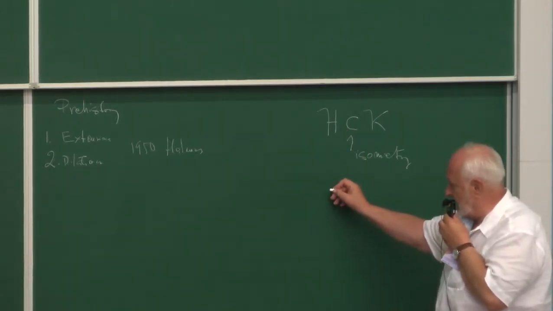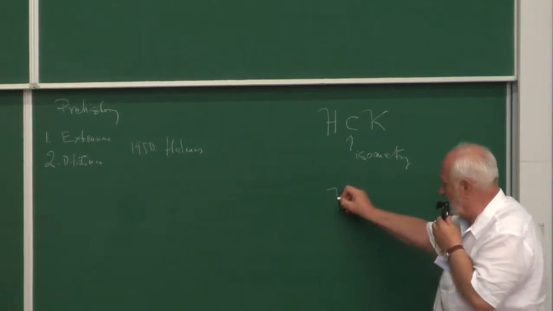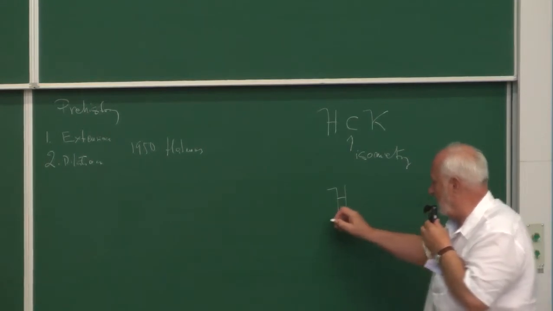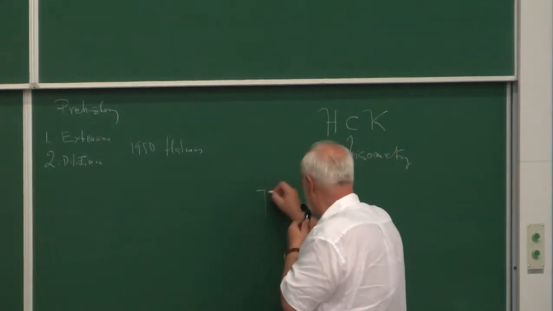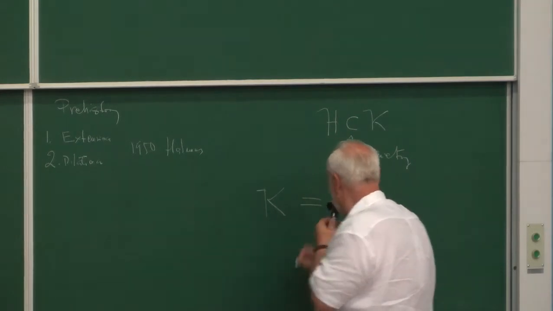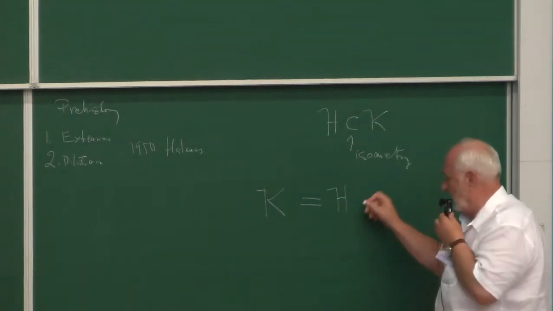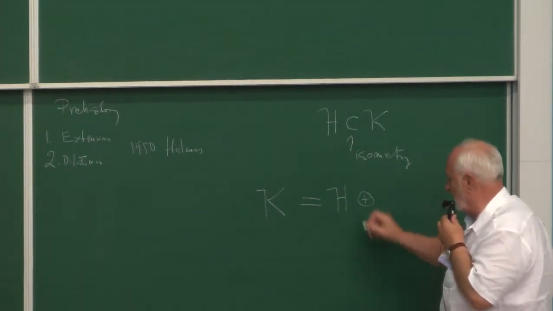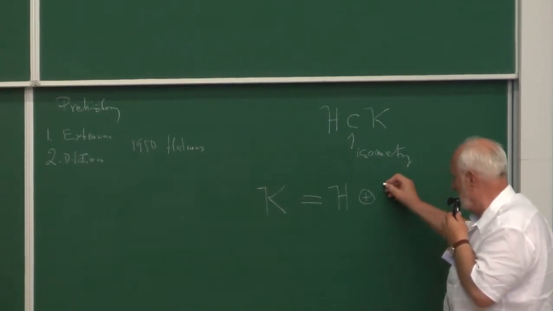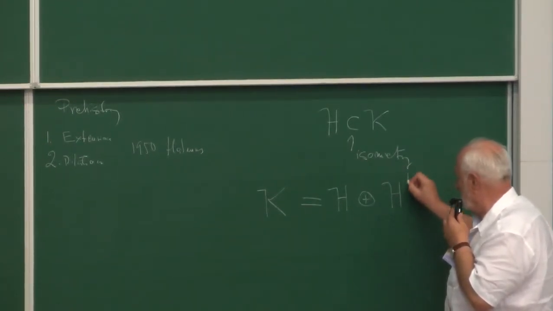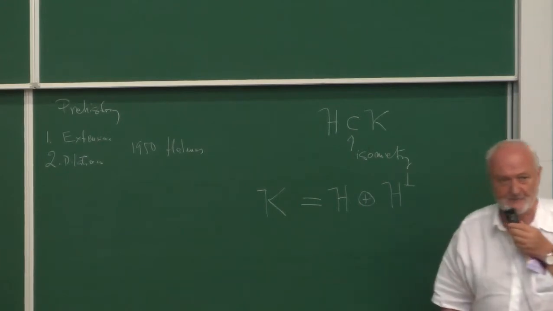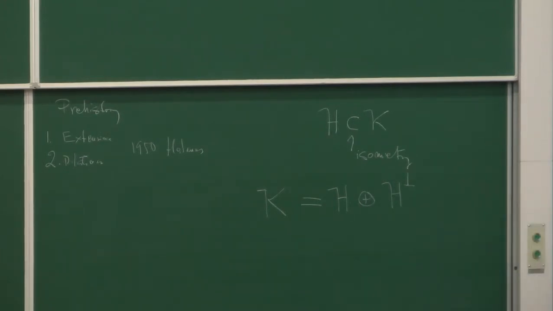The first thing is to decompose K as an orthogonal sum of H and H perp, the orthogonal complement. This is natural.